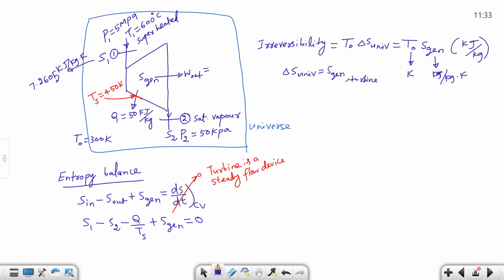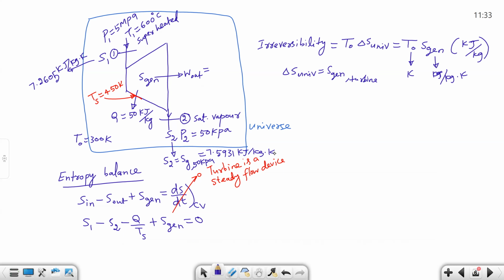So S2 is equal to Sg, saturated vapor at 50 kPa, which is given there as 7.5931 kilojoule per kilogram Kelvin. Okay, so S2 is also known.